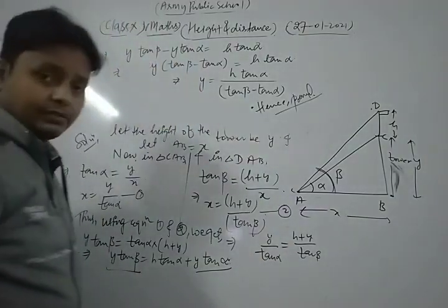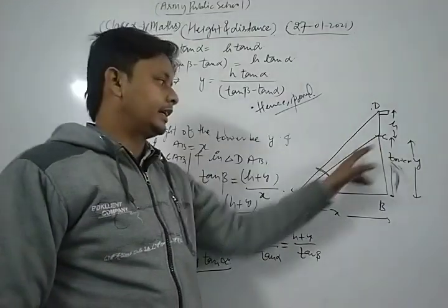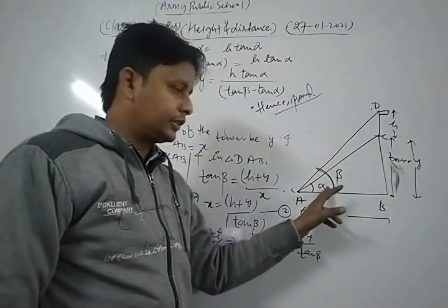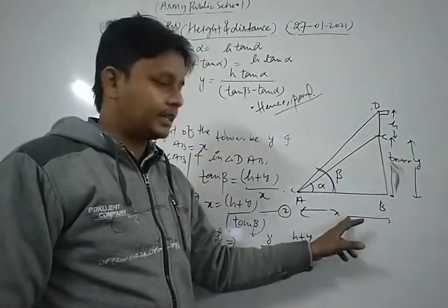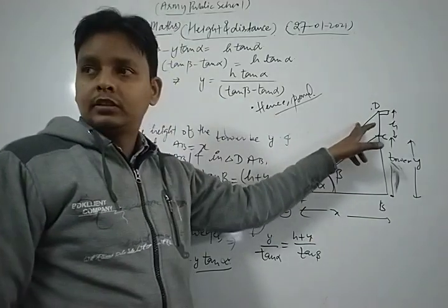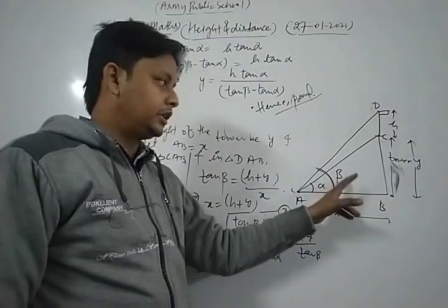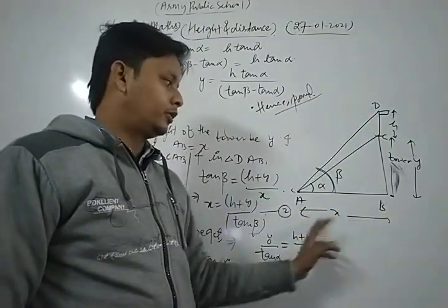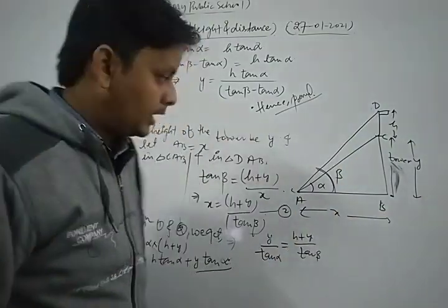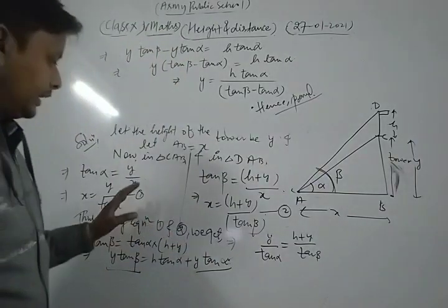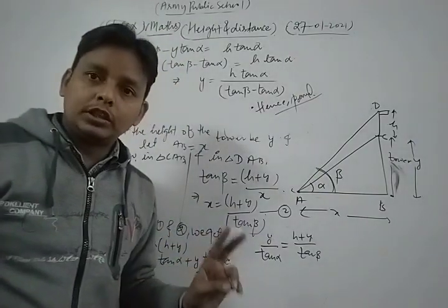Now let's see once more. Firstly, in that triangle we apply the tangent, meaning tan alpha is equal to y upon x. Now for triangle DAB, we apply the tangent: tan beta is equal to perpendicular upon base, h plus y upon x. In this way we form two equations.